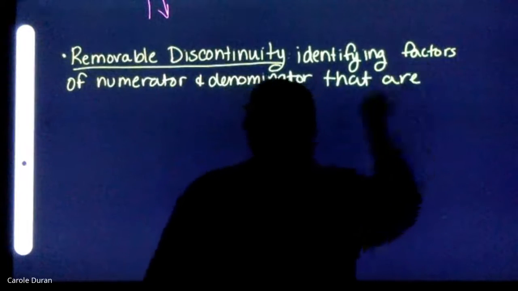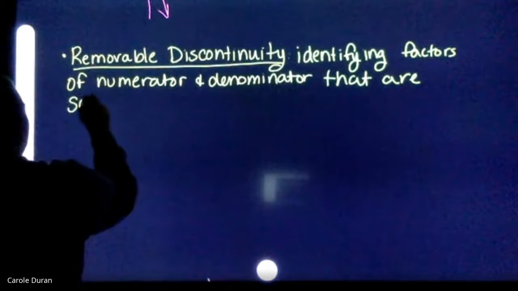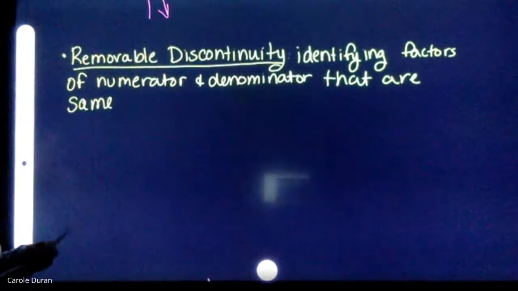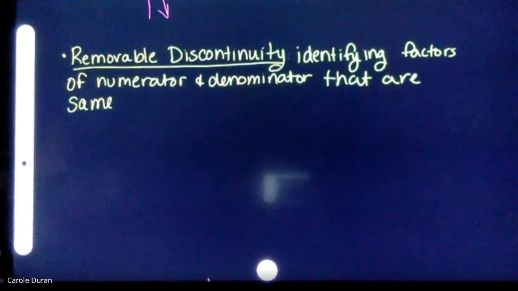So I need to factor both of them, and I look for something that they have in common. So a factor that they both contain. I set that factor equal to 0 to find my removable discontinuity.